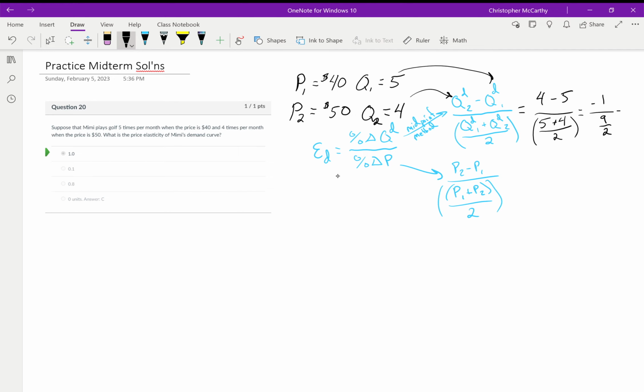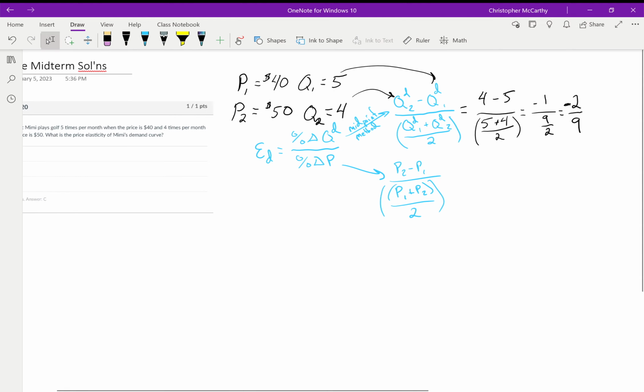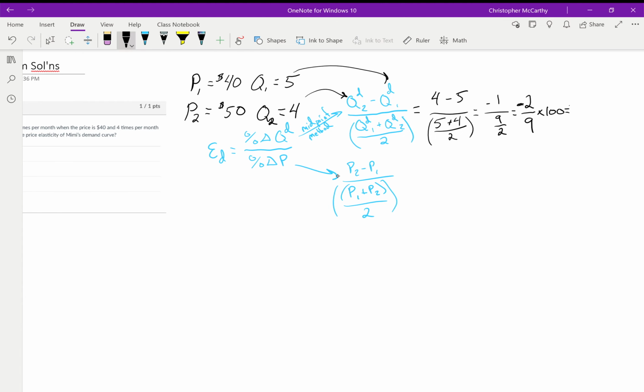So this is equivalent to negative 2 over 9. And then of course, in order to do a percentage change, we have to do times 100, right? And let's see what 2 divided by 9 is. I think it's 0.2222, yep. So this is going to be negative 22.22%, right? That is our percentage change in my quantity.